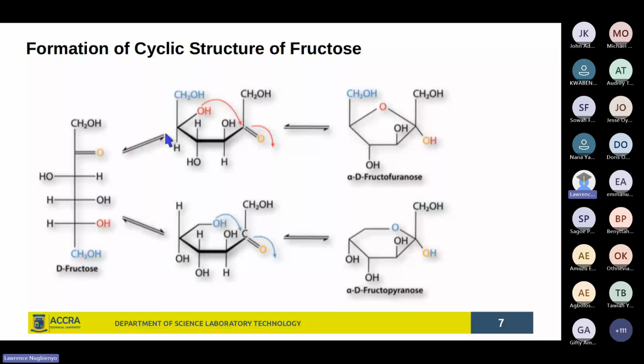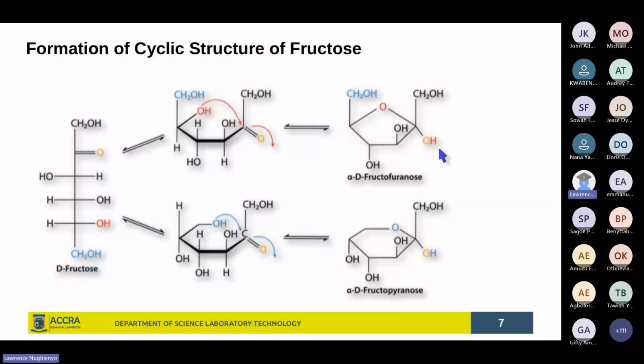That hydroxyl group in red gives out its hydrogen that comes to reduce the ketone group to a hydroxyl group. And the rest of the molecule from the hydroxyl group of carbon number 5 now binds onto carbon number 2. That covalent bond forms there. And so you have a 5-sided ring with the oxygen up there. This is what you see most of the times, and that we refer to as a fructofuranose.